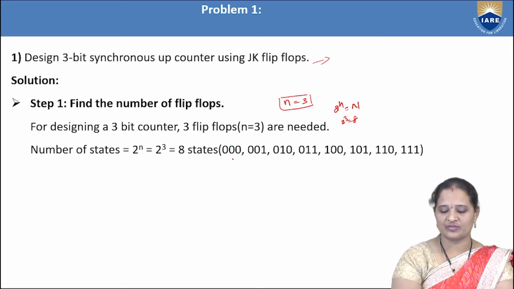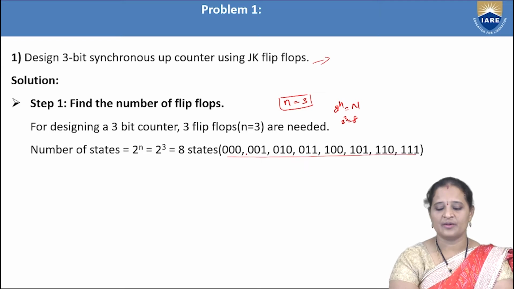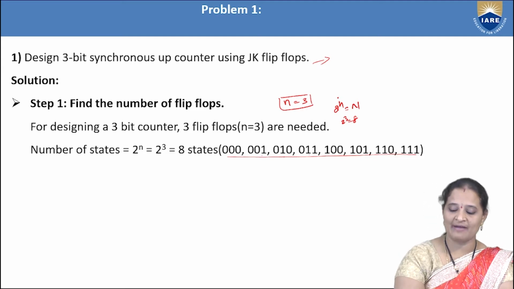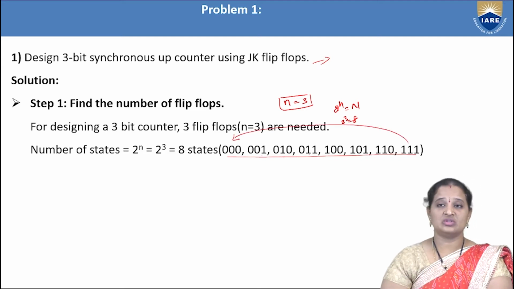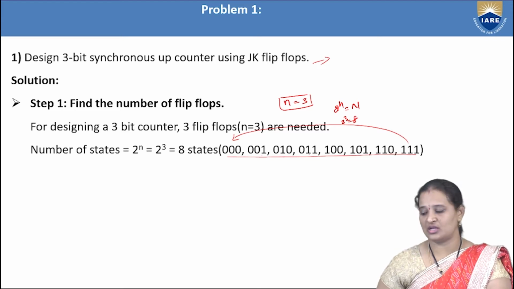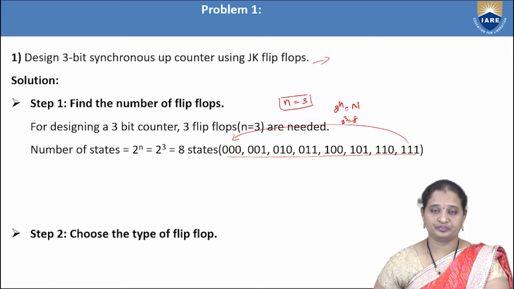Hence the states are 0 0 0, 0 0 1, 0 1 0, 0 1 1, 1 0 0, 1 0 1, 1 1 0 and 1 1 1, and after 1 1 1, if the clock pulses are still applied, it will come back to 0. So these are the number of states and the states that a 3-bit synchronous up counter can undergo.